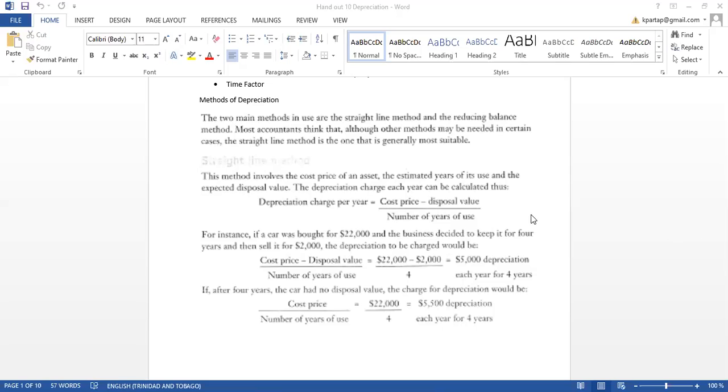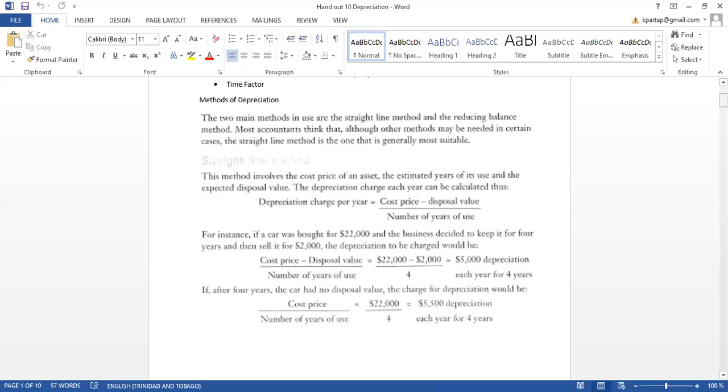Again, I'm going to say to you, remember that you have to pay attention to whatever your question is telling you, because the majority of questions in accounting exams do not give you all this to calculate. The only time you really get these kinds of calculations to do is when you're doing the little exercises that you might see in your accounting text.